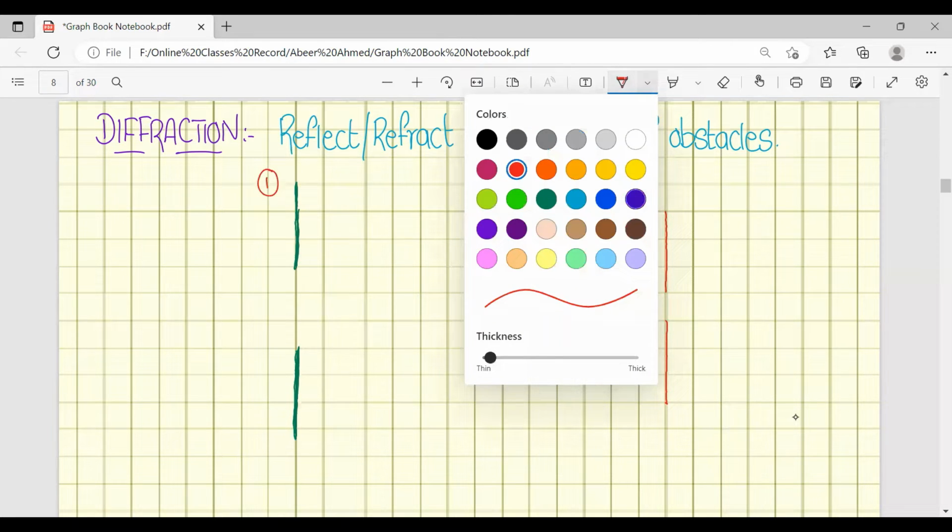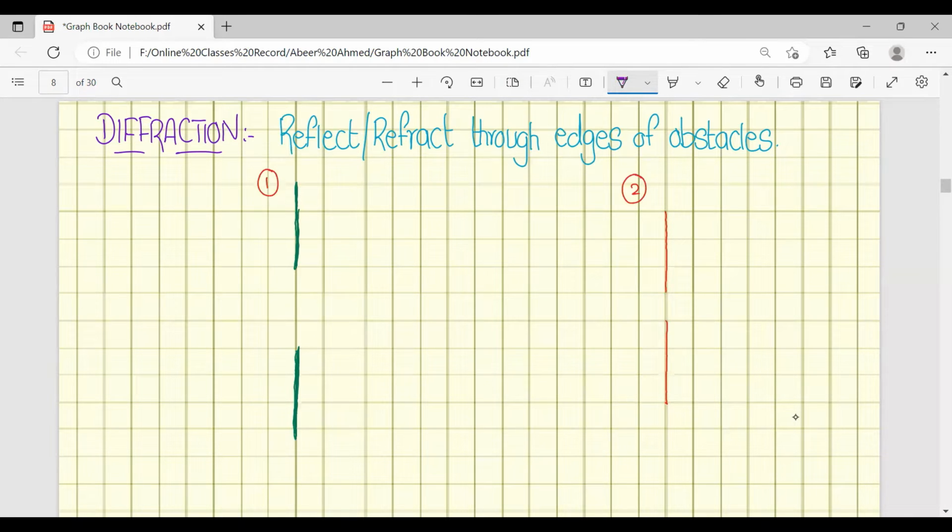Okay, so now let's suppose water waves are going to travel from left to right towards the obstacles. So what will be the orientation of the wave after passing through the obstacle? Any idea?